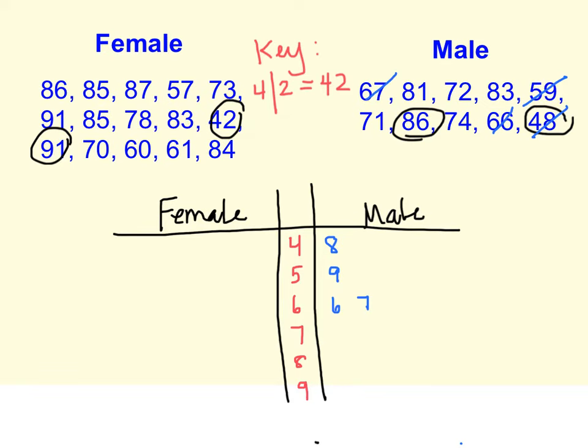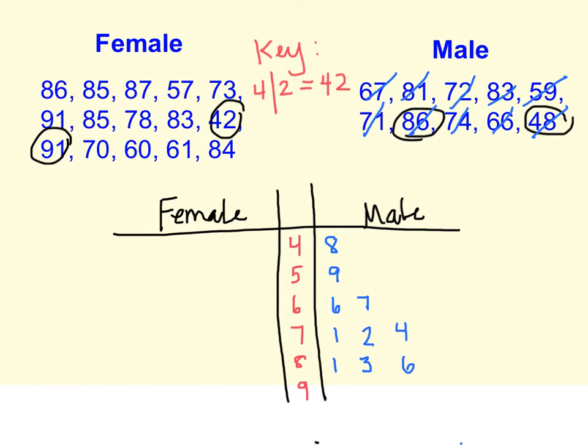In the 70s, there's a 71, a 72, and a 74. And then in the 80s, we have an 81, an 83, and an 86. All right, so there's all the male numbers.